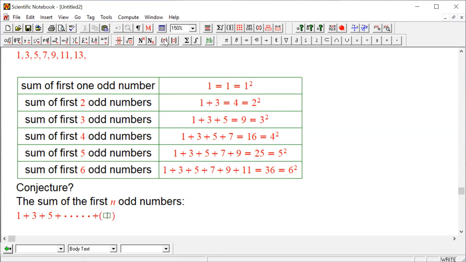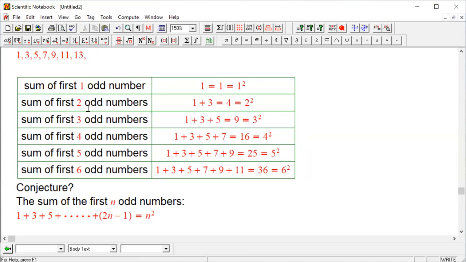The nth one would be 2 times n minus 1. Would this be just n squared? That is the conjecture. So we're guessing, even though we have seen this phenomenon is true for 1, 2, 3, 4, 5, 6, that it is going to be true for any n, the first n odd numbers.